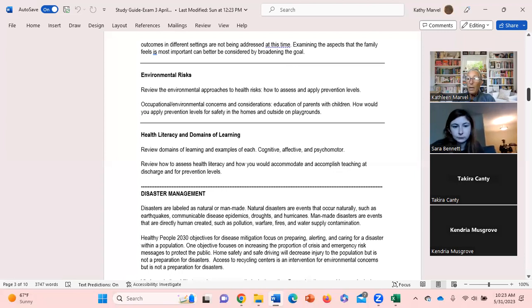Health literacy and domains of learning. One of the biggest issues with nursing education is the health illiterate population. How do you assess it? Right? And how do you accommodate it? So health illiteracy is a big problem.